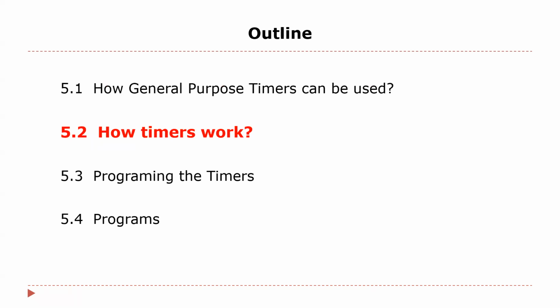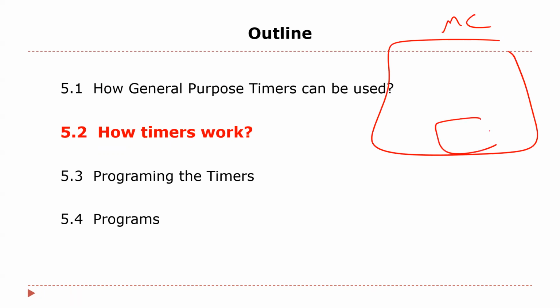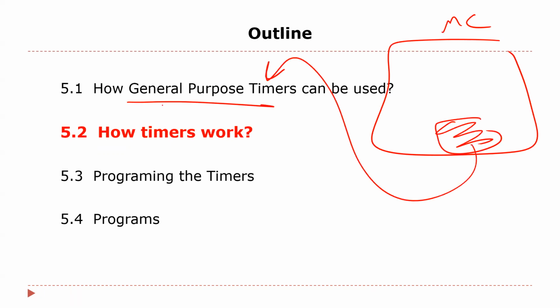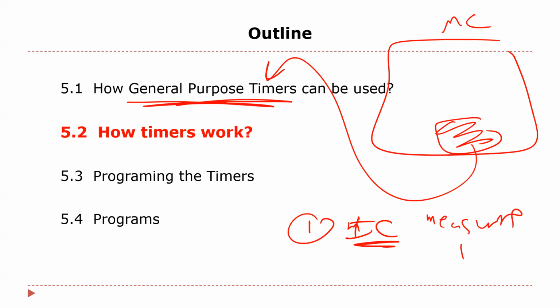Okay, before I move to the next section, let me tell you the conclusion. Inside the microcontroller, we have a hardware circuit. This hardware circuit, we call it a timer or general purpose timer, and this timer can be used for one of two things. Number one, it can be used as input capture, which means you want to measure time.